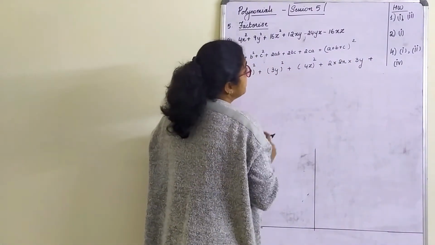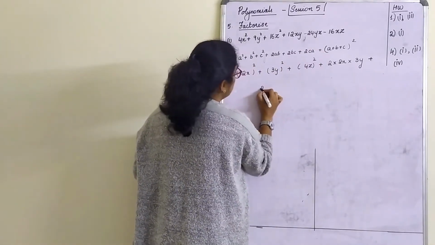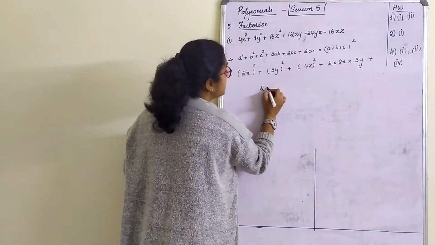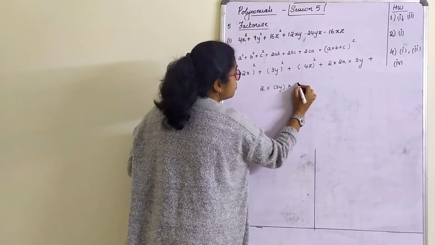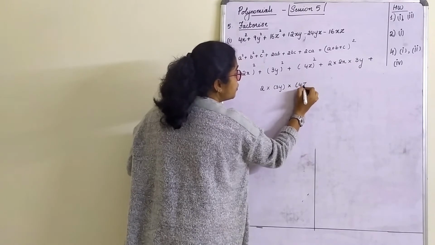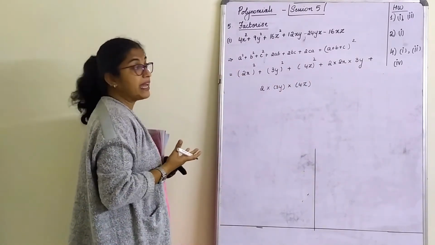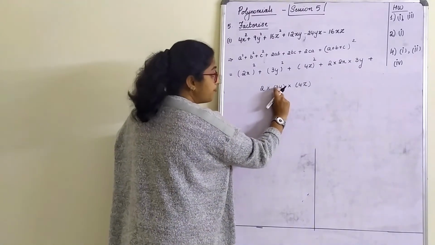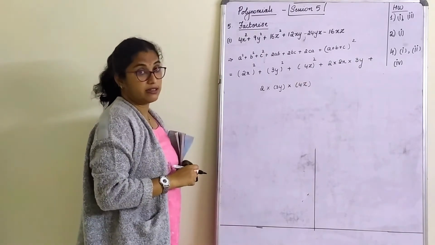Then next one is what I will write here, that is 2bc. What is b? b is 3y into c is 4z. Now it is bc, and bc is minus. So if b had to be minus here, then even this had to be minus, right?